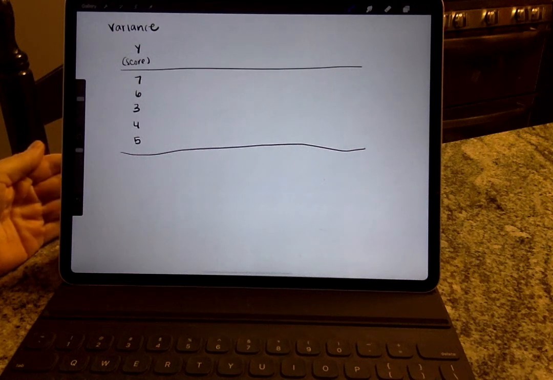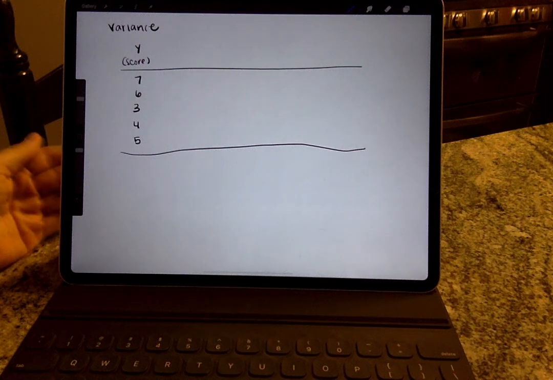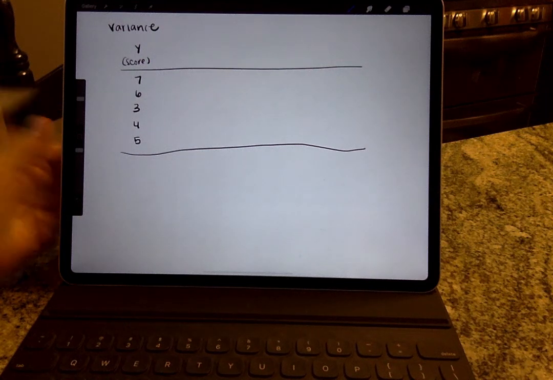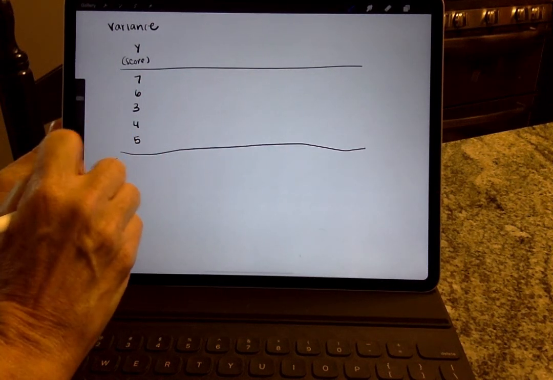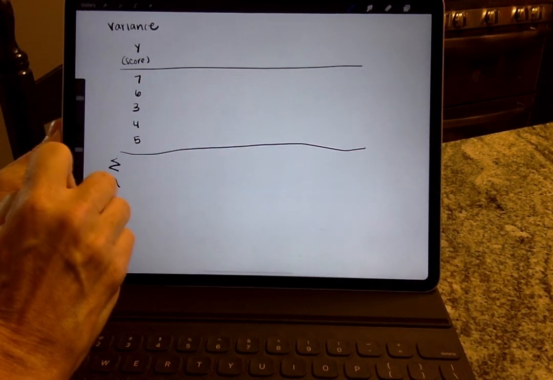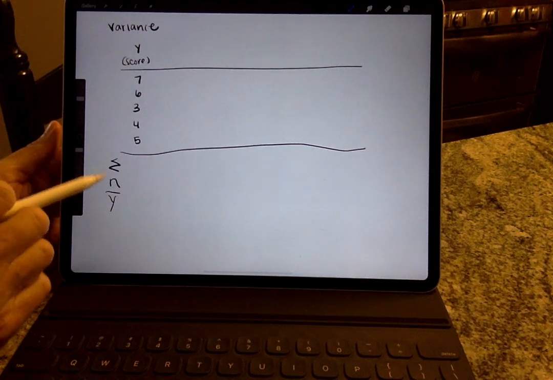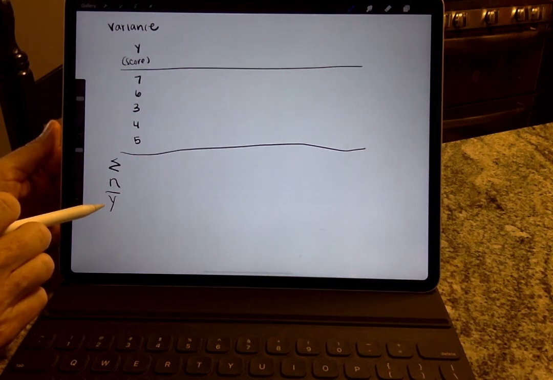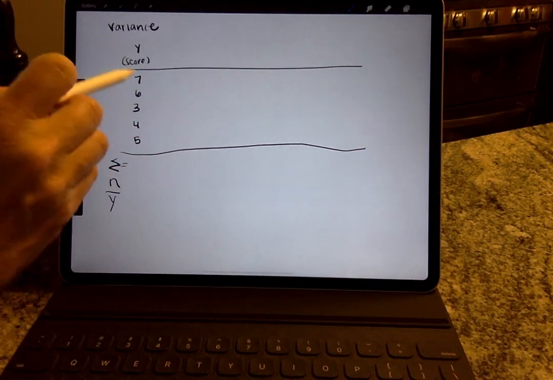Anytime moving forward in this class that you see a column of data, you are going to summarize it by getting the sum, the n, and the mean. And remember, from our notation video, the mean is y bar. First we get the sum.